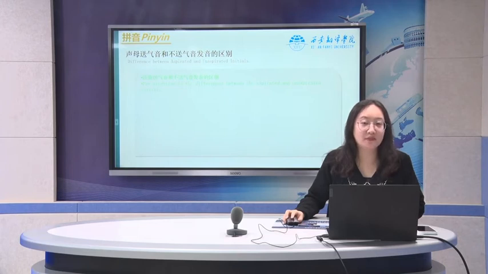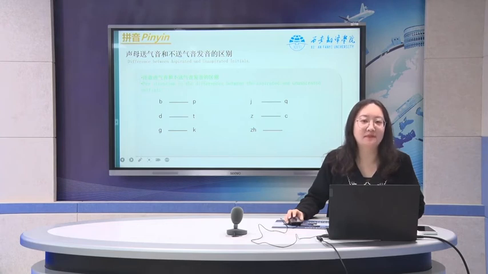And we have a difference between the aspirated and unaspirated words. You can say b, p. d, t, g, k, j, q, z, c, zh, ch. The left side is unaspirated. You can't feel the air from your mouth.